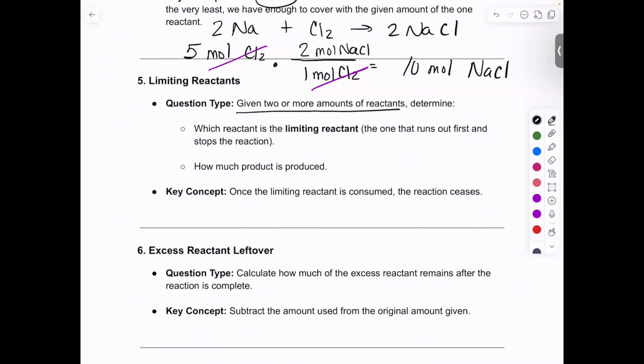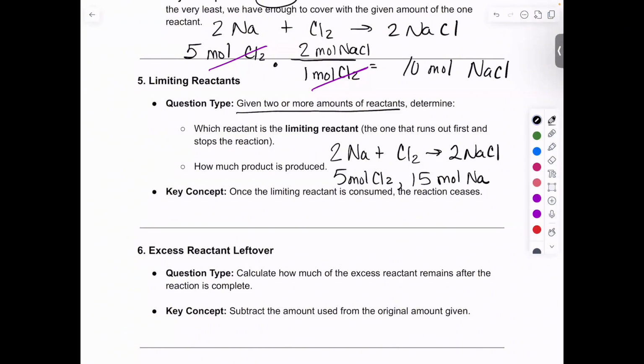I will use 2Na plus Cl2 gives 2NaCl, and I'm going to say I start off with 5 moles of Cl2 and 15 moles of Na.